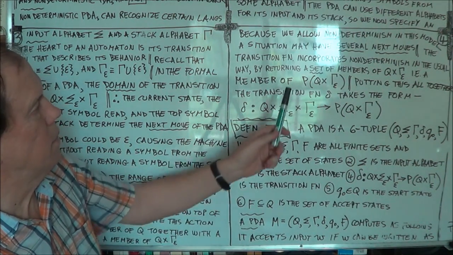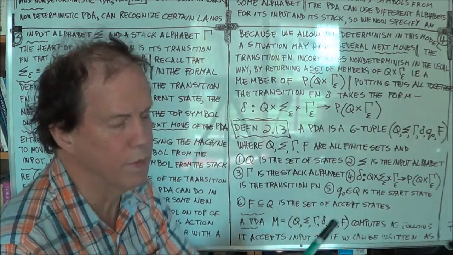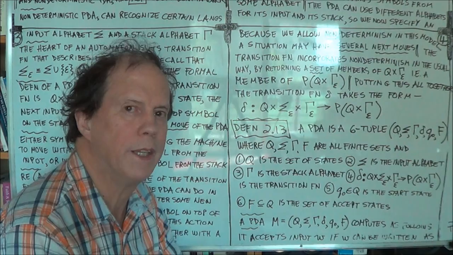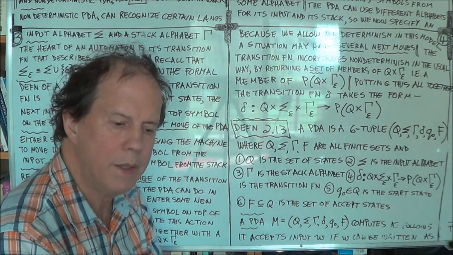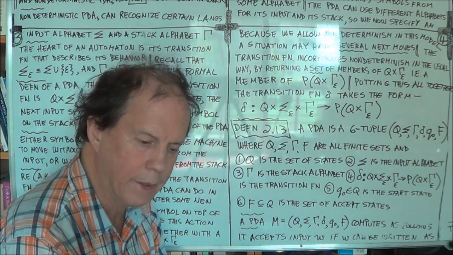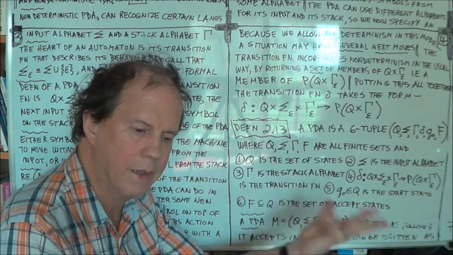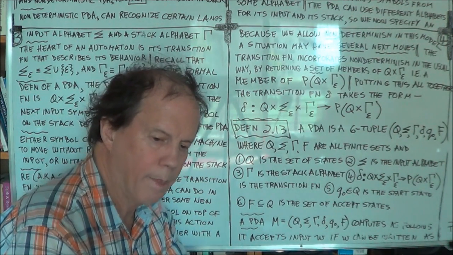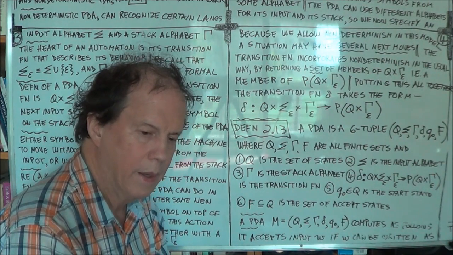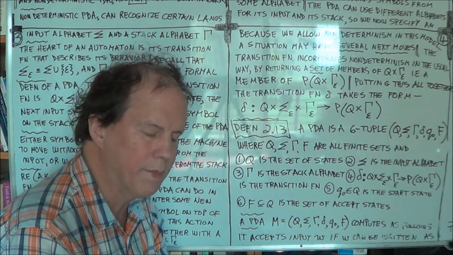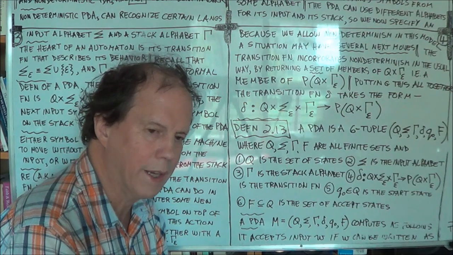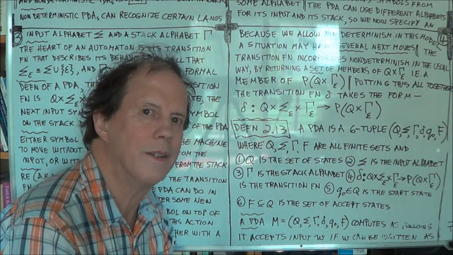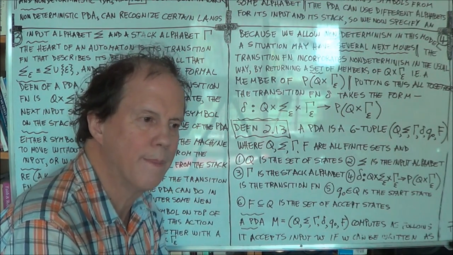So you could have several next moves with a non-deterministic PDA, and so that means that your delta function delivers not just one ordered pair. It needs to deliver, in fact, a set of ordered pairs.